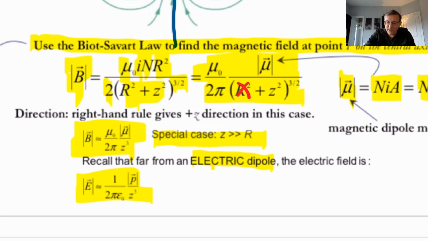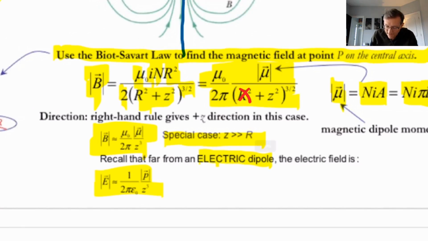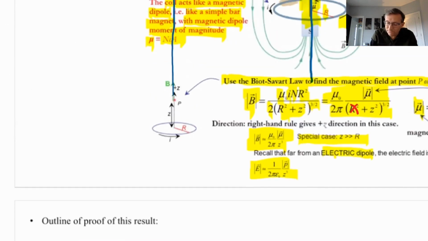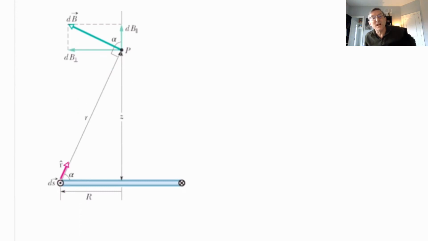Okay, we're going to end the video by going through an outline of the proof of this result up here, for the magnitude of the magnetic field on the central perpendicular axis. So here's a picture, side view of the loop.